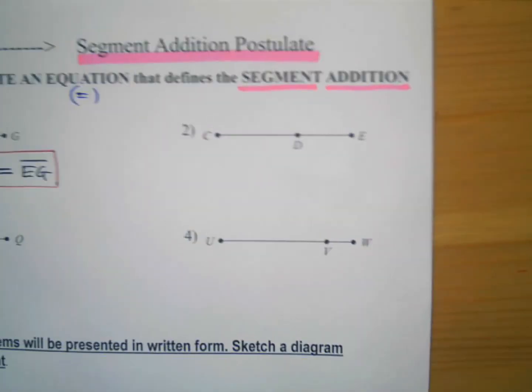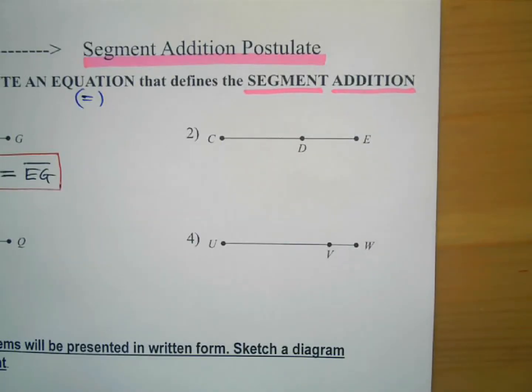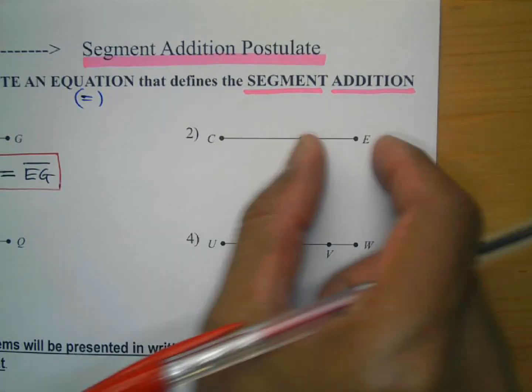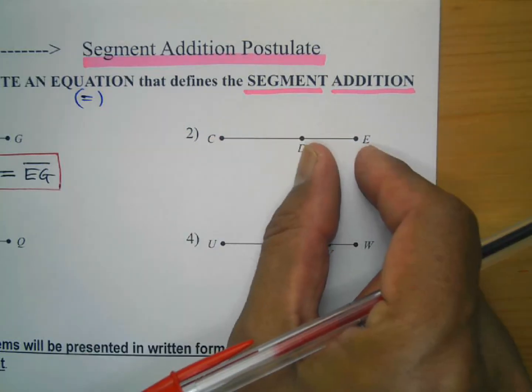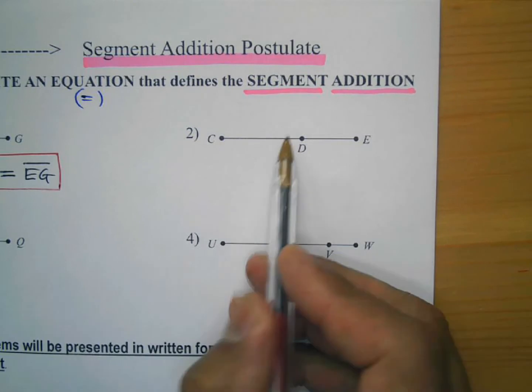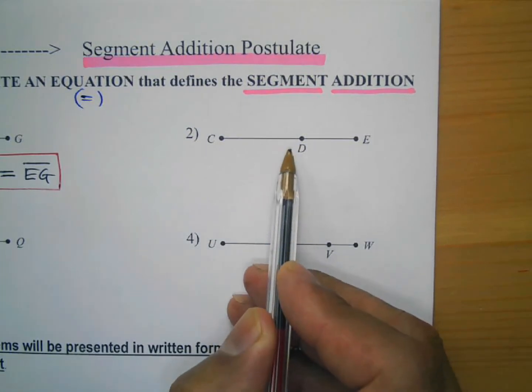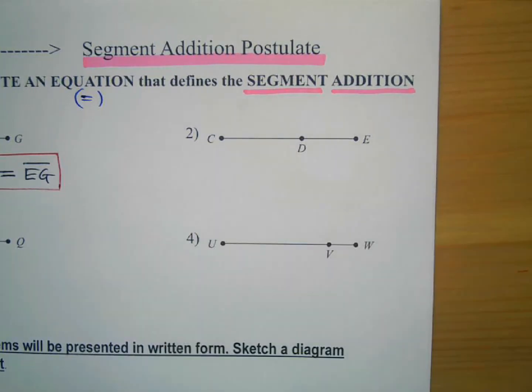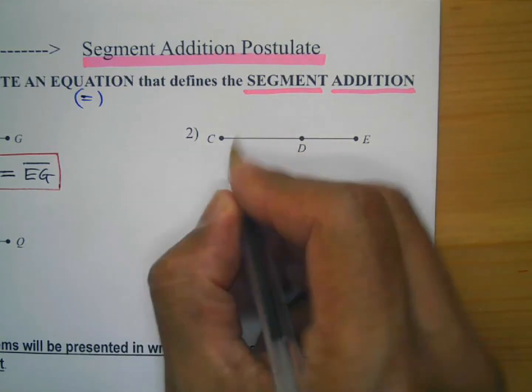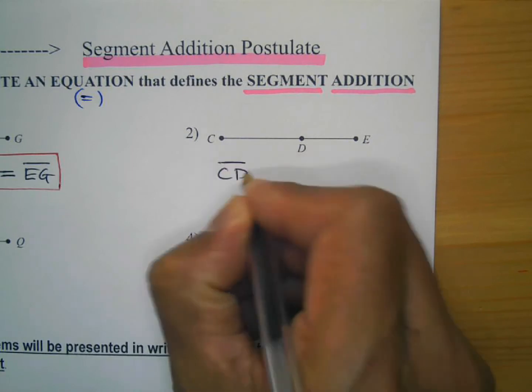Zoom in a little bit here. Focus in a little bit here. Okay, it doesn't matter which one you start with first, but I understand that this piece plus this piece is the whole piece. Don't assume that that's in the middle. That's not true. We're not doing that. I'm going to start with this first segment, CD.